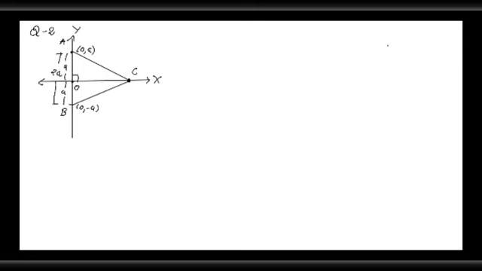So definitely your third vertex should lie on this line only, that is your x-axis. So your point will be either on the positive side of the x-axis or the negative side of the x-axis. You will assume that the coordinate of the vertex C will be x comma 0, right?